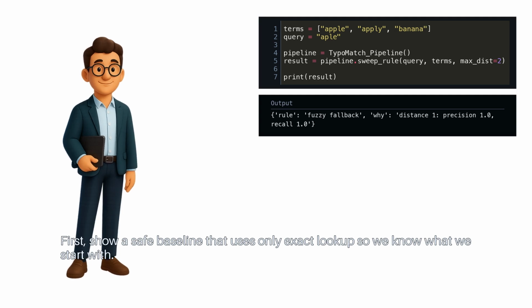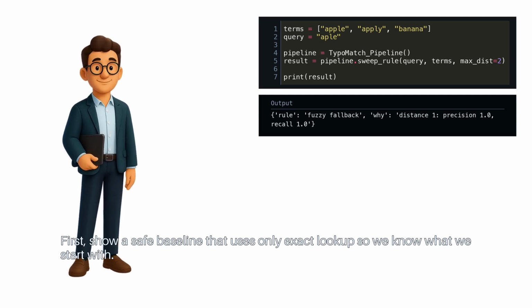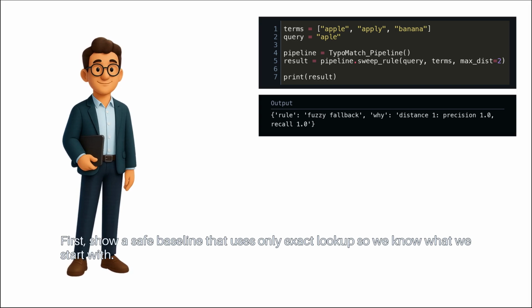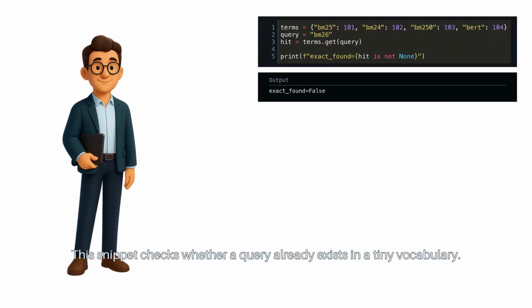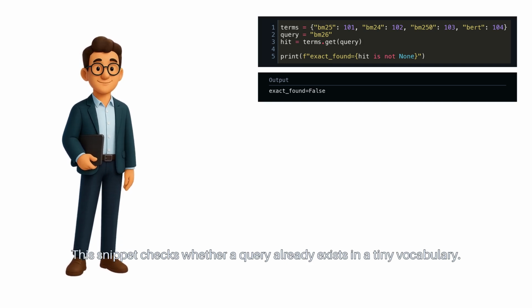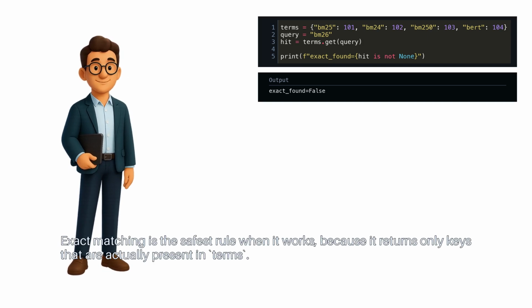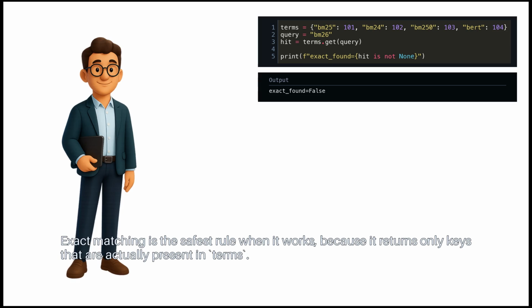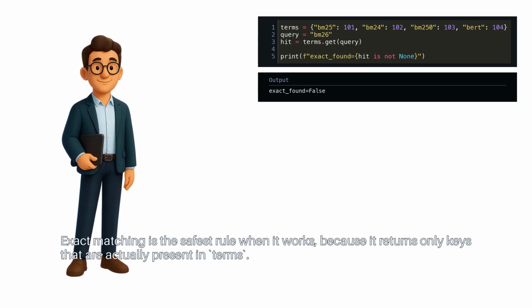First, show a safe baseline that uses only exact lookup, so we know what we start with. This snippet checks whether a query already exists in a tiny vocabulary. Exact matching is the safest rule when it works, because it returns only keys that are actually present in terms.